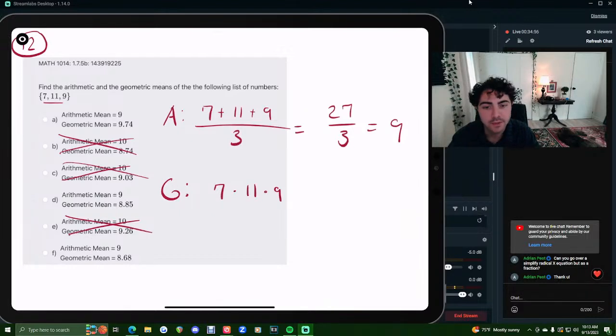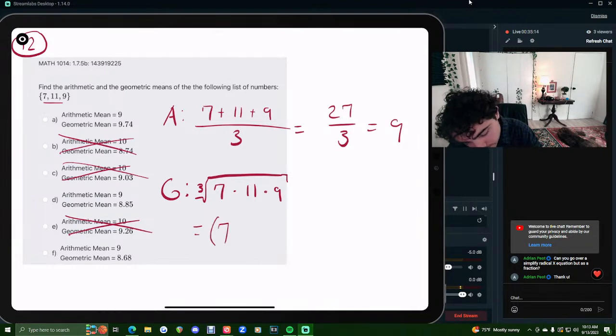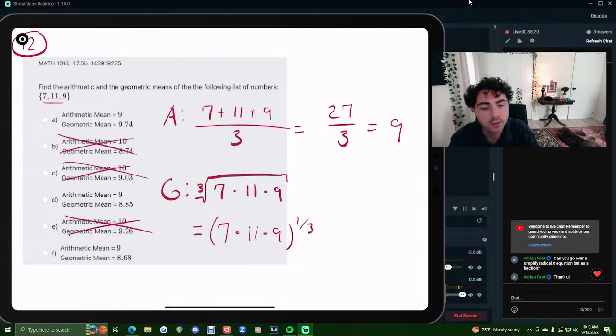And then instead of dividing by 3, we still want to incorporate the 3, but we take the cube root. Because there are 3 numbers, we take the cube root of that entire product. If there were 4 numbers, we would take the 4th root of that entire product. I also want to point out, taking the cube root is the same as multiplying all these and then raising it to the 1/3 power. So the cube root is the same as a 1/3 exponent.